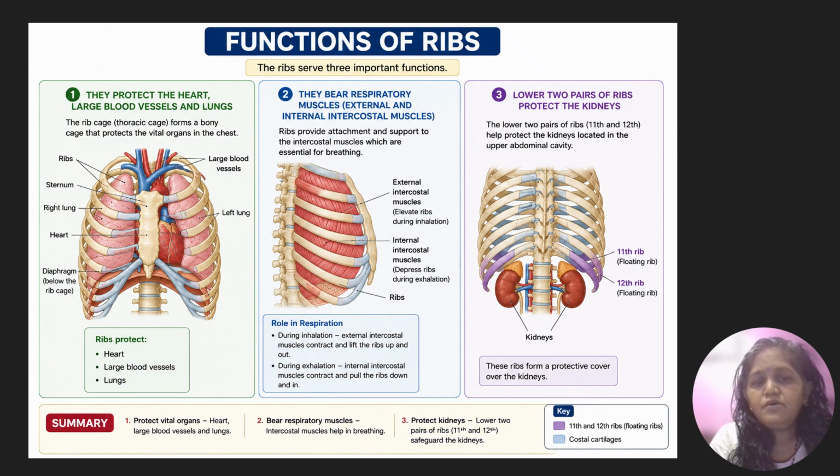One more thing you can see is that between two ribs there are muscles, and these muscles are called intercostal muscles. There are external intercostal muscles and internal intercostal muscles. The moment we breathe in, the ribs will elevate outside.